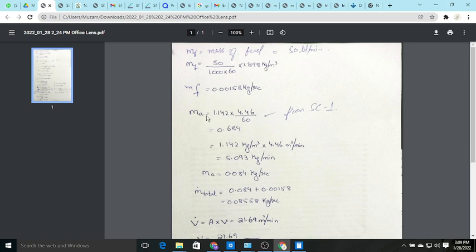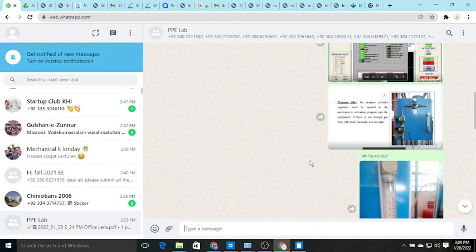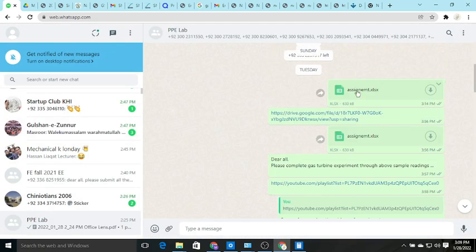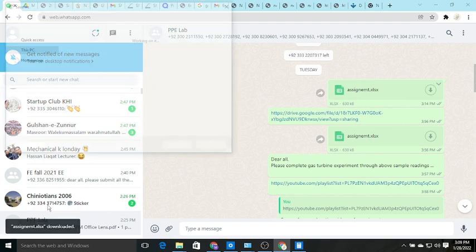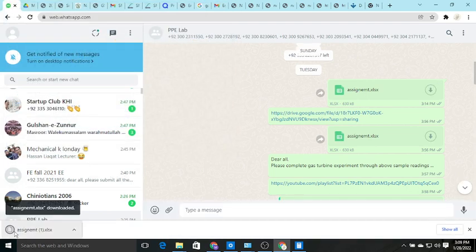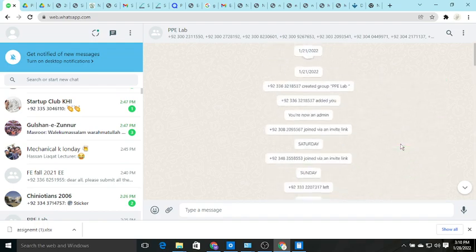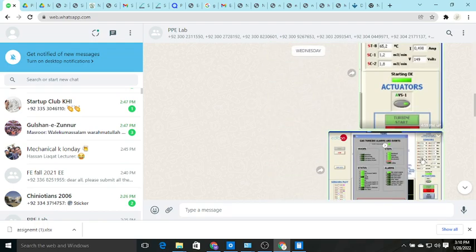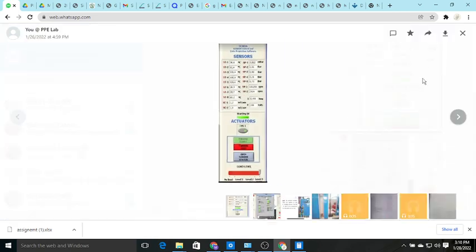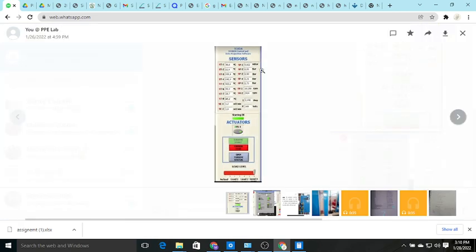Okay. Now comes the air flow rate. For air flow rate, we take the value from this parameter file. I shared this file too. Okay, I'll share the reading and do the calculation.